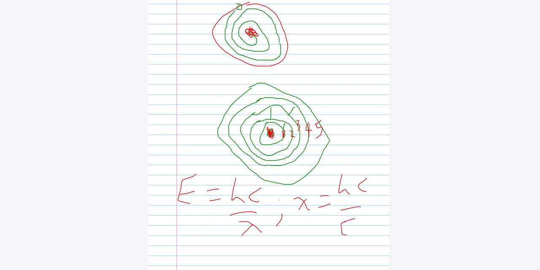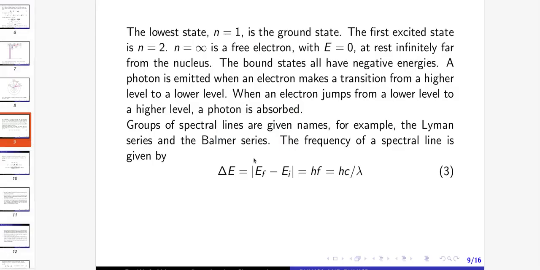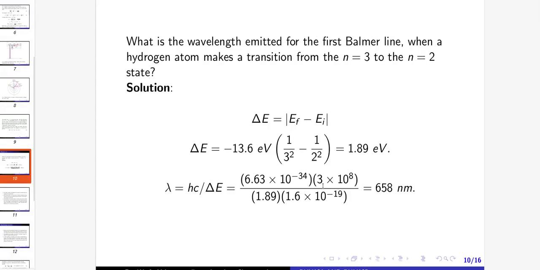hc over the energy. So when we calculate the energy that is emitted from moving from n equals 3 to 2, then we say h multiplied by c, then divide by that energy. So lambda equals hc over the energy that is emitted. The formula for the energy is minus 13.6 over n squared.